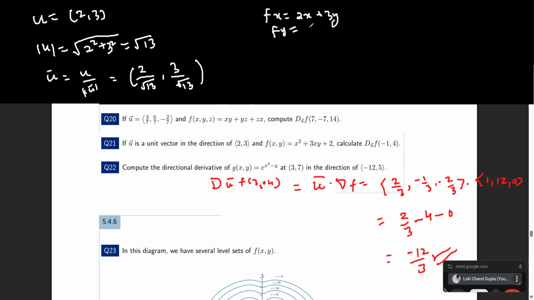Now find f_x. Find f_y. At (-1, 4), when you put minus 1, you will get minus 2 plus 12. Minus 3, right?